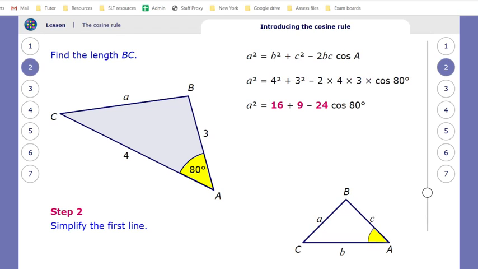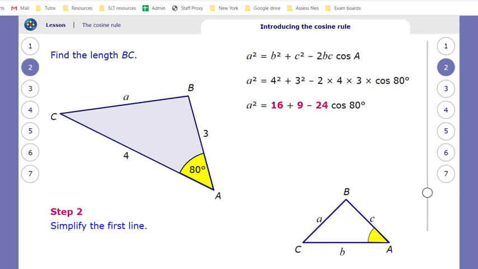So our 4 squared gives us 16, our 3 squared gives us 9, and our 2 times 4 times 3 gives us the 24. It's important at this point to highlight the fact that the 24 and the cos 80 do in fact go together, and we should not be doing 16 plus 9 take away 24, because by BIDMAS, the 24 times cos 80 is the higher level operation that we would do first.